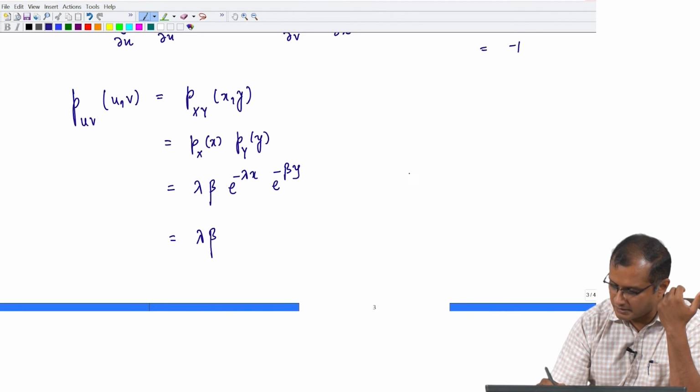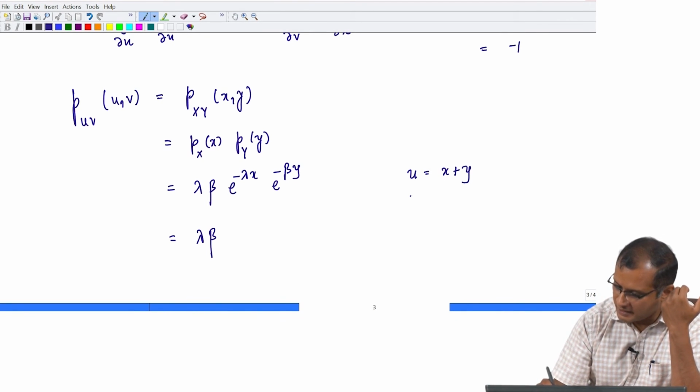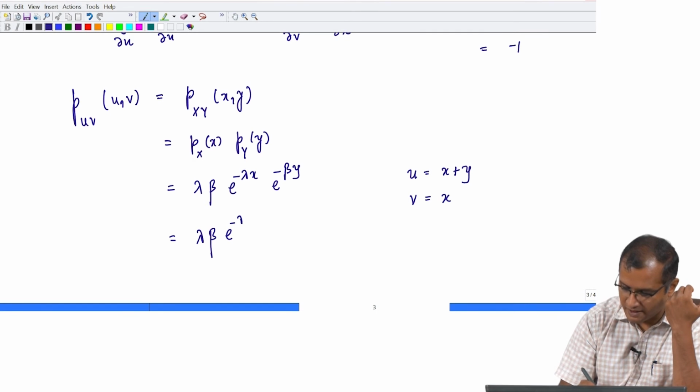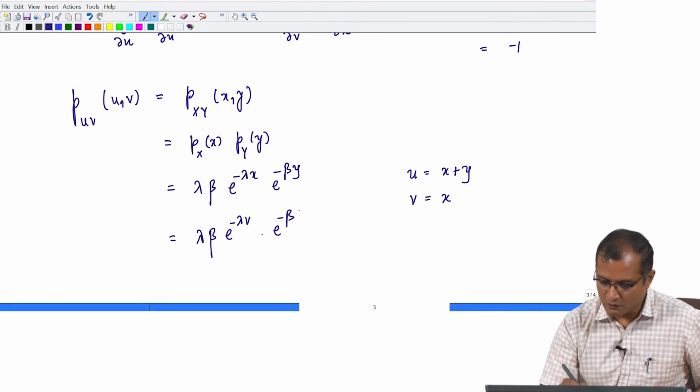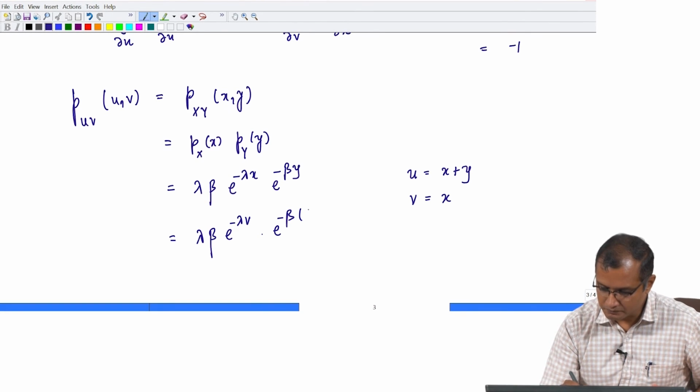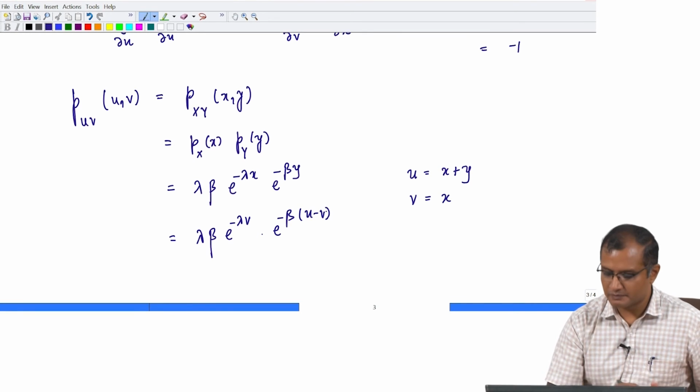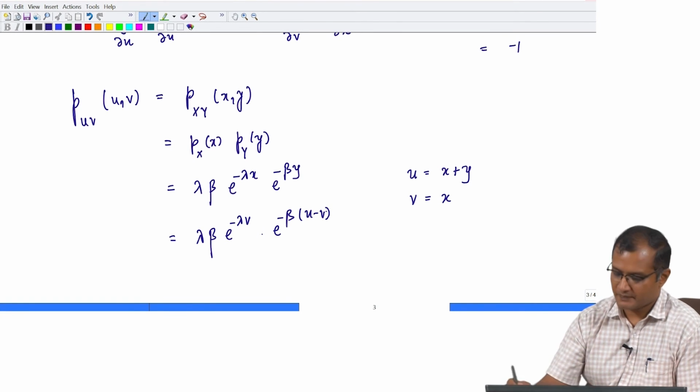Recall that our random variable u was x plus y, and we had taken the new variable v as just x. So, I am going to write this as e raised to minus lambda v, because x is equal to v, into e raised to minus beta, and I will write y as u minus v, because x is equal to v.